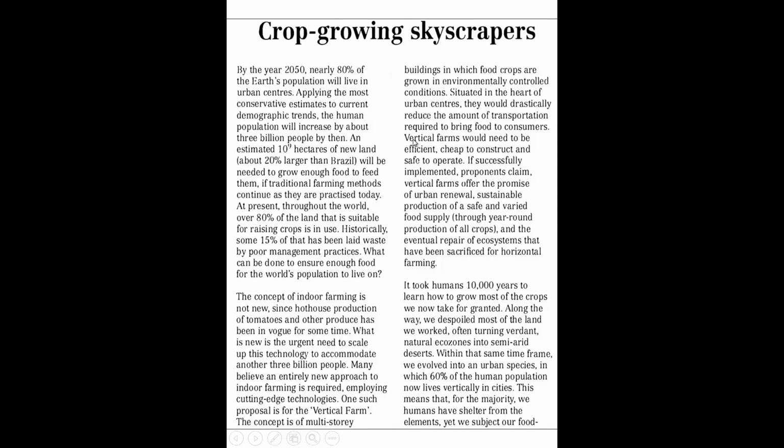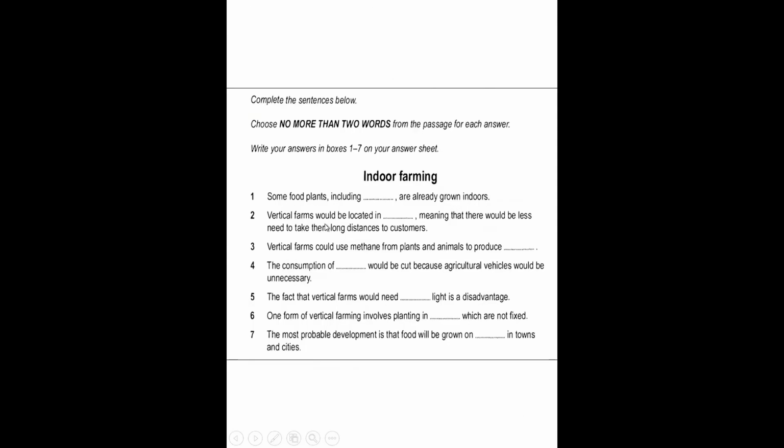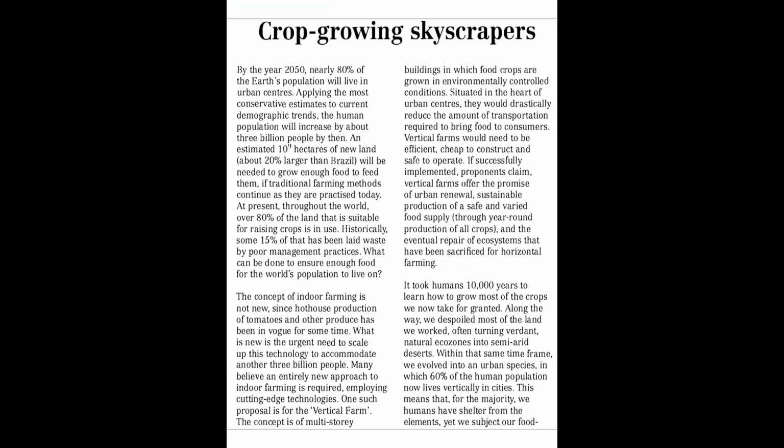Let's go back to the passage. Vertical farms would be located somewhere, meaning that there would be less need to take them to customers. Located and situated are kind of synonyms. Situated in the heart of urban centers, they would drastically reduce the amount of transportation required to bring food to consumers.